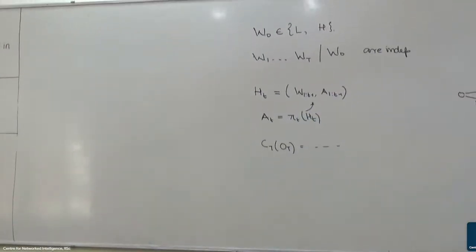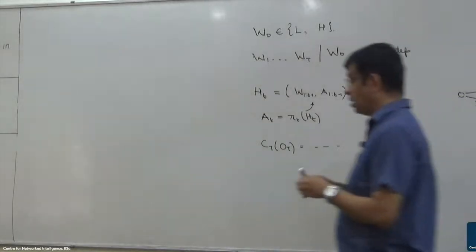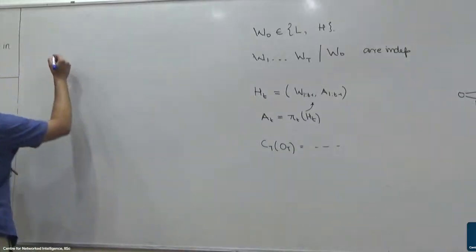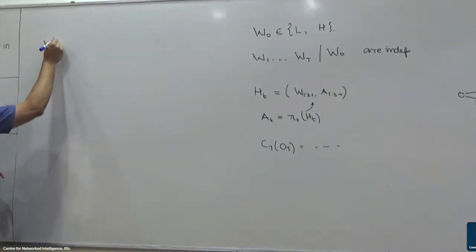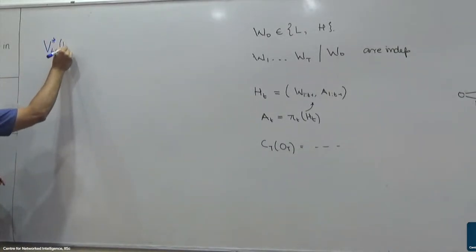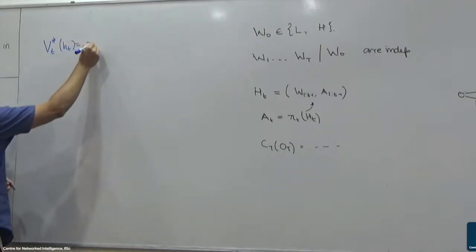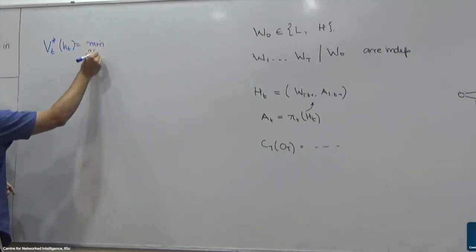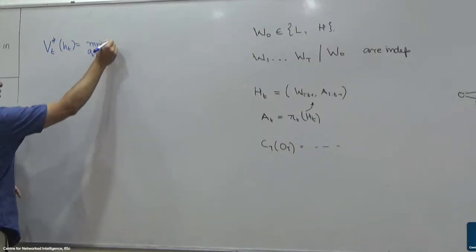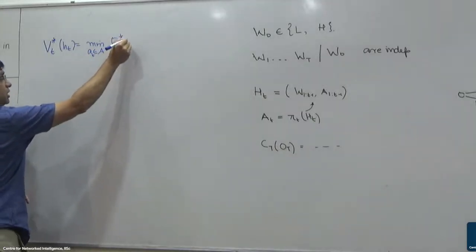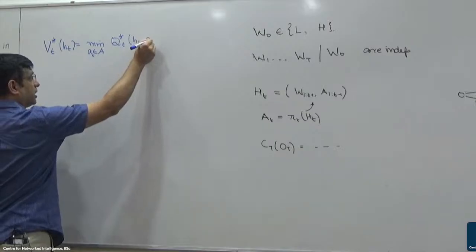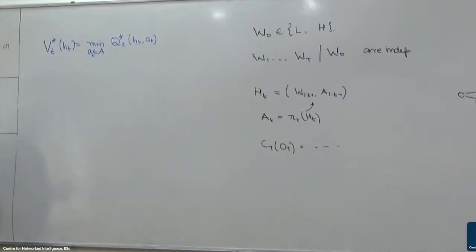I'm going to do the same recursion, except at this point, I'm going to replace policy evaluation by policy optimization, right? So I'll not write this completely in full, but the only change is I'll have to define V*_t of h_t to be equal to minimization over all actions of Q*_t of h_t and a_t. Okay.